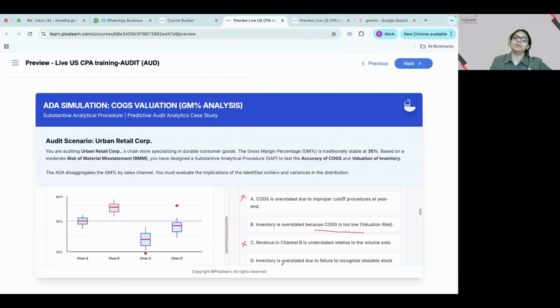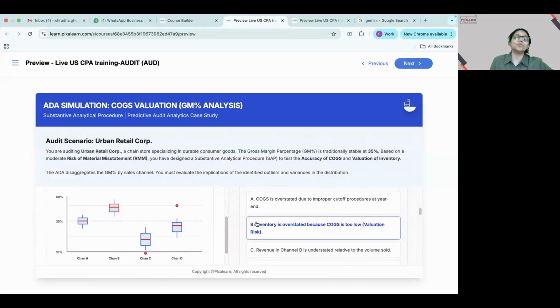This looks correct. Inventory is overstated due to failure to recognize obsolete stock. We don't know this. This data is not available to us. Hence, the answer for the second question is going to be B.